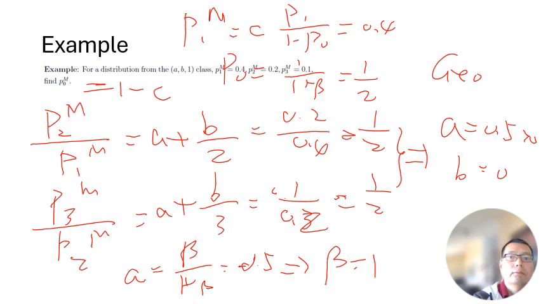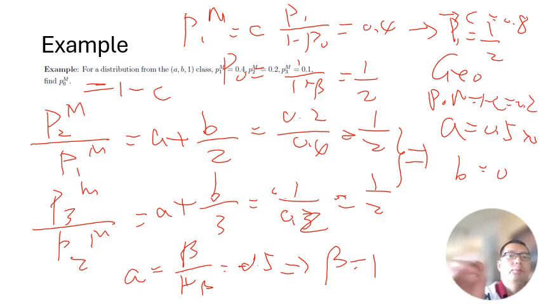Therefore P1 will be 1/4. So we can get C is equal to 0.8, and P0M will be equal to 1 minus C, which equals 0.2. I know my handwriting here is not very clear, so refer to the notes for the calculation if you are not familiar.